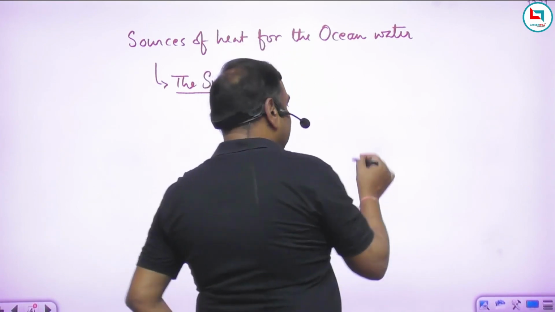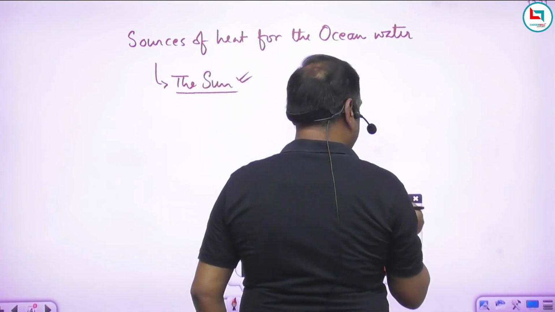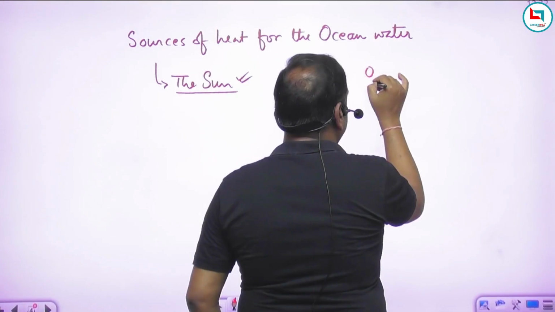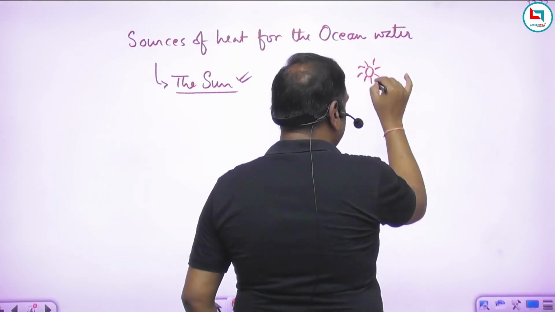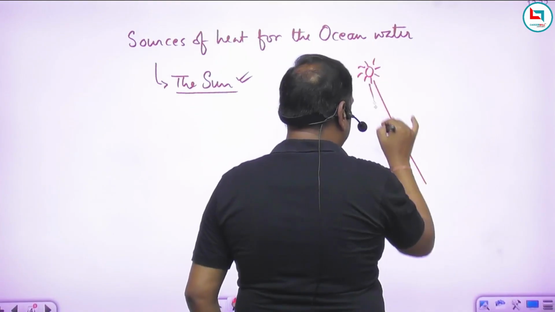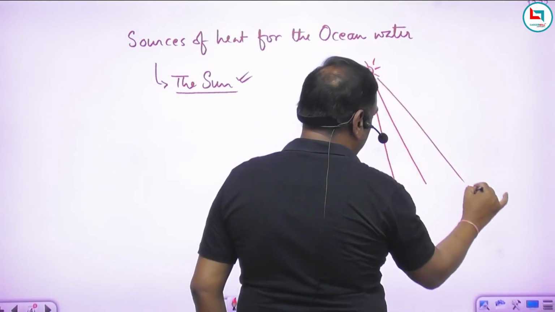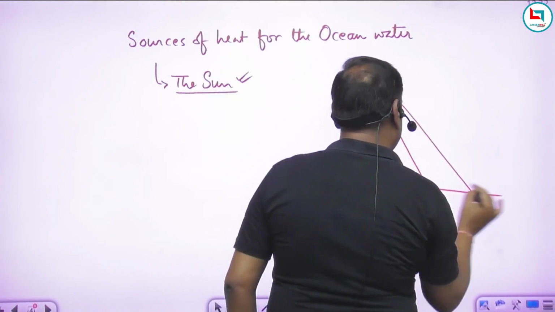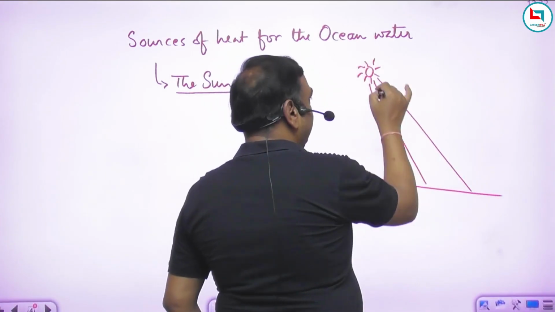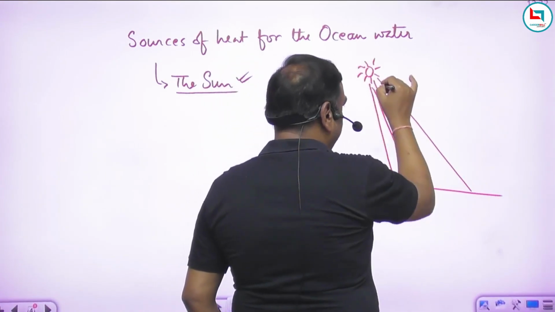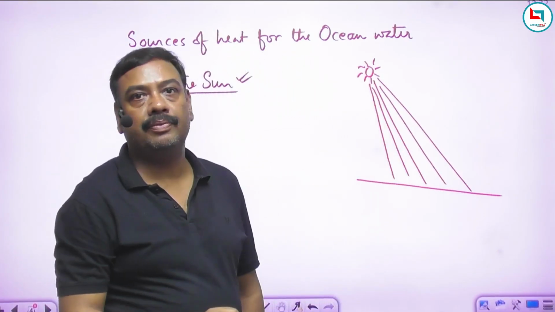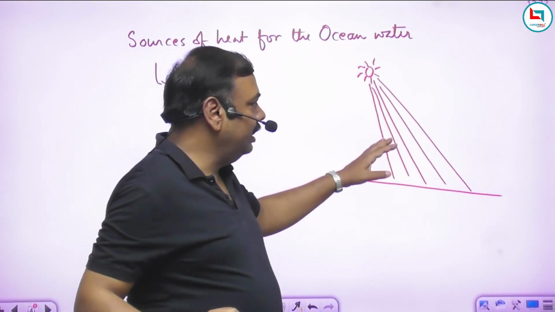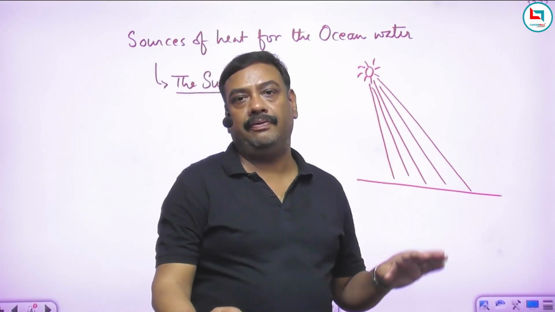If it is the sun, we all know that the solar radiations coming from the photosphere of the sun are received on the surface.